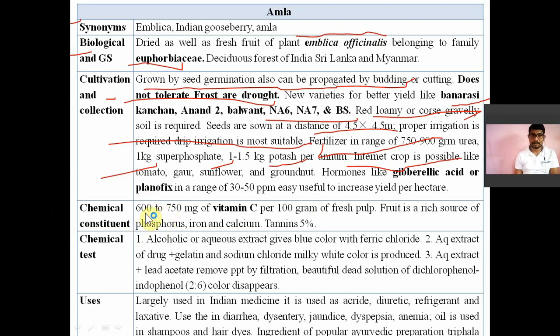Hormones like gibberellic acid in a range of 30 to 50 ppm are useful to increase the yield.